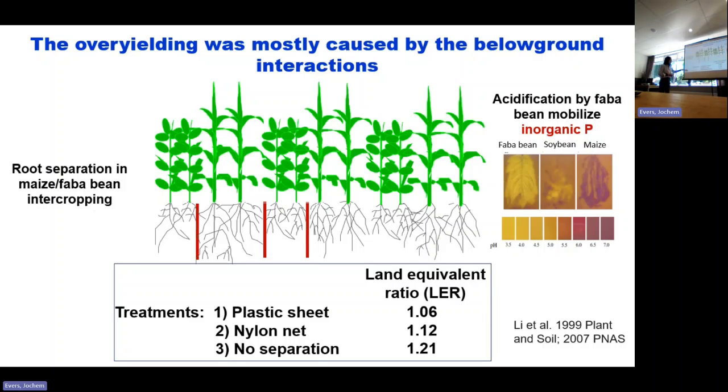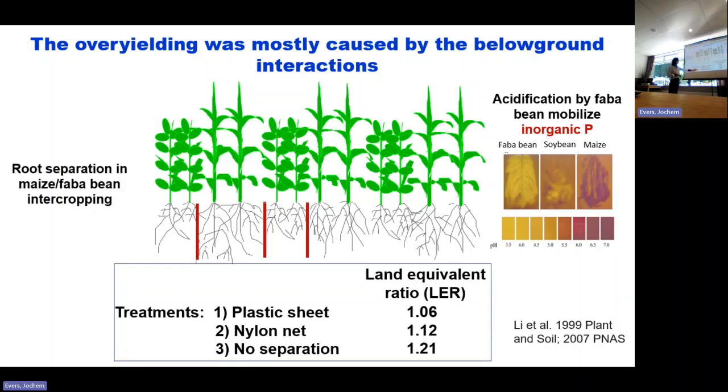In this field experiment, they did 3 treatments. They separated the roots of faba bean and the neighboring maize with different sheets. The first one is the plastic sheet, so no interaction between the two roots.